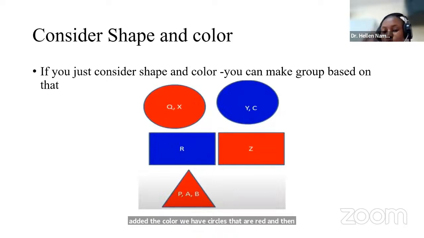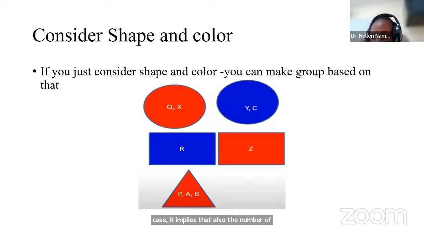The same applies to a rectangle. When we considered only the shape, we had a rectangle without the color. Now that we brought in the colors, the grouping is increasing. So as you increase the variables, the number of clusters or groupings is going to increase.